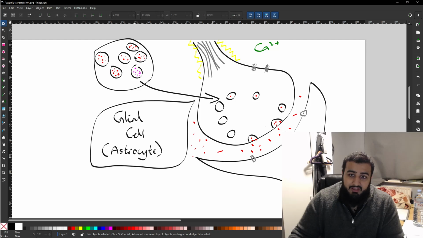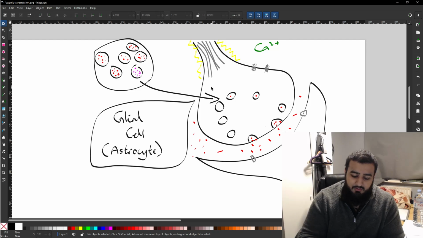So if we consider this to be the axon, we know that it's connected to a cell body, a soma, the neuron soma. Inside the soma we have a set of structures surrounding the nucleus. We have the endoplasmic reticulum, a Golgi apparatus, a bunch of mitochondria and some other structures.